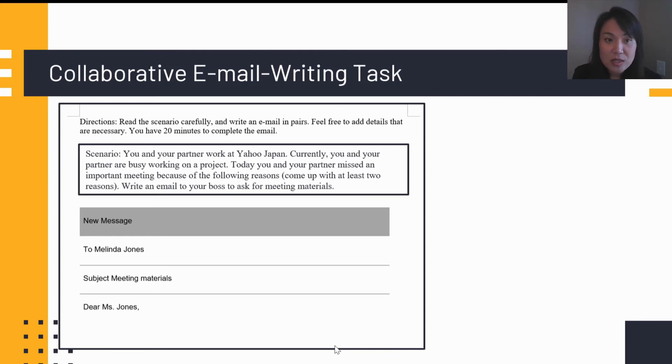Today, you and your partner missed an important meeting because of the following reasons. So they have to come up with their own reasons. Write an email to your boss to ask for meeting materials. These learners are not familiar with English writing at all, and just asking them to write a pragmatically appropriate email was really challenging. So that's why we chose email writing as one of the task genres.